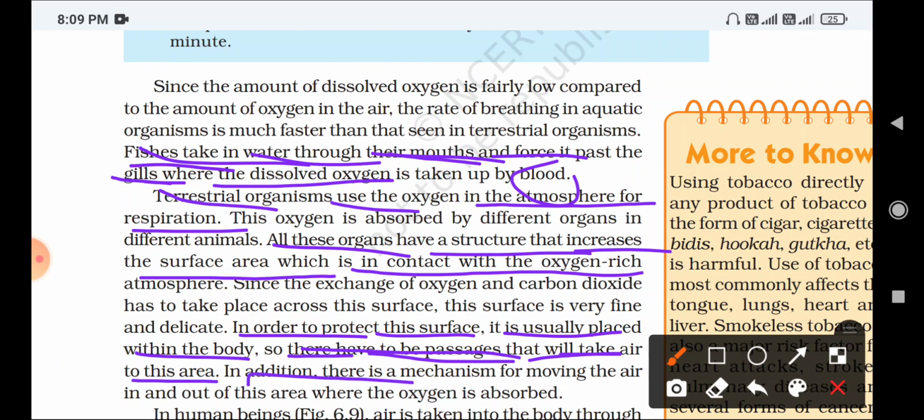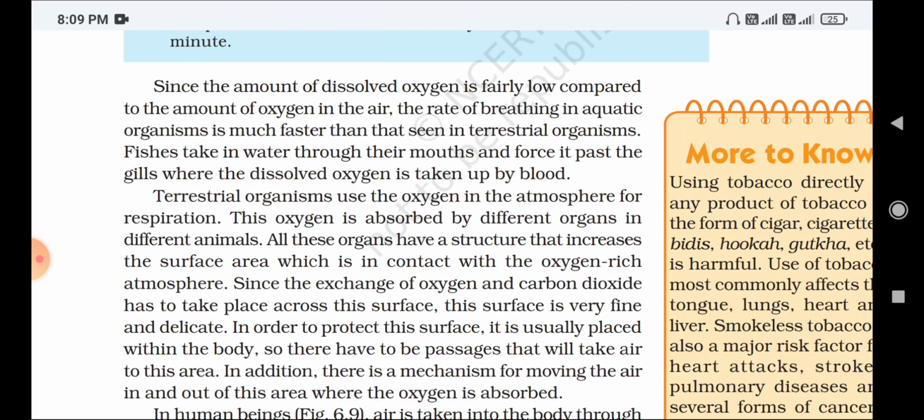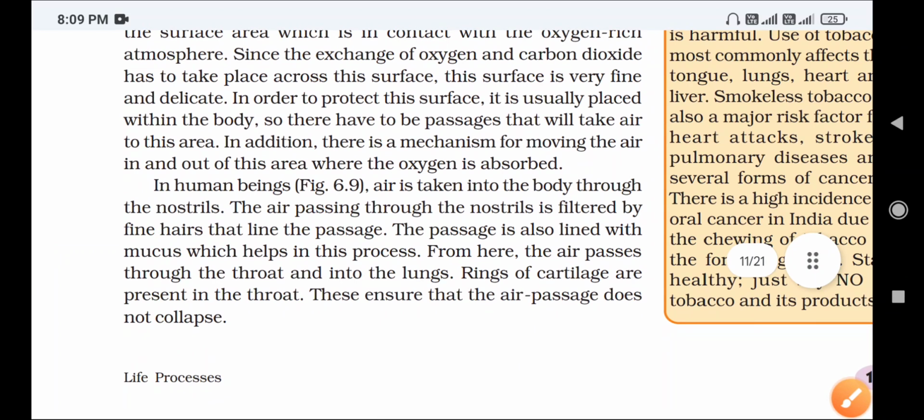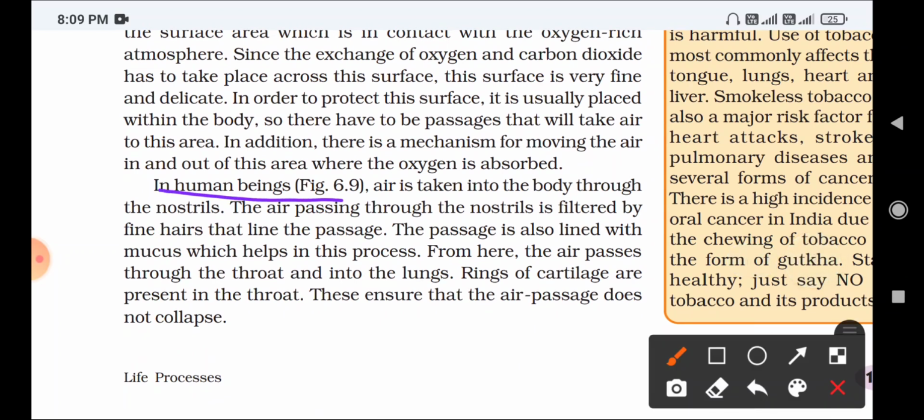In addition, there is a mechanism for moving the air in and out of this area where oxygen is absorbed. So there should be some place in the body where the exchange of gases takes place. In human beings, air is taken into the body through the nostrils.